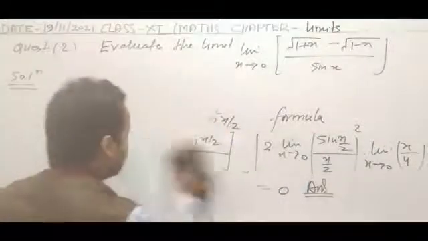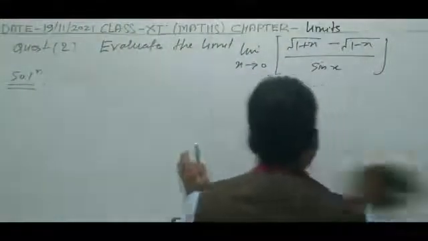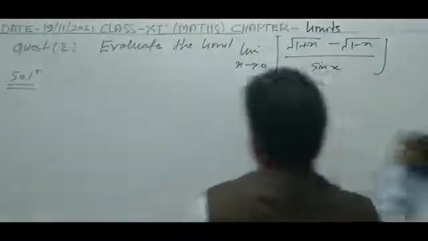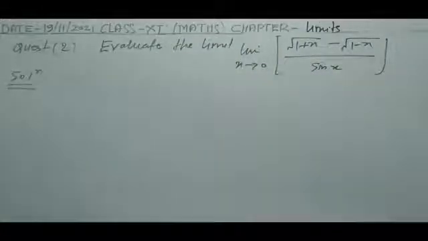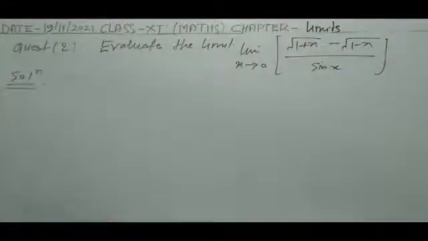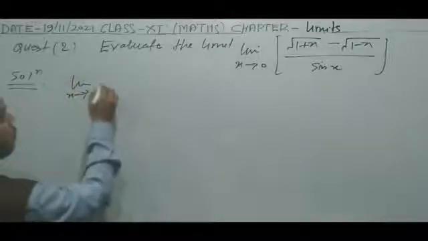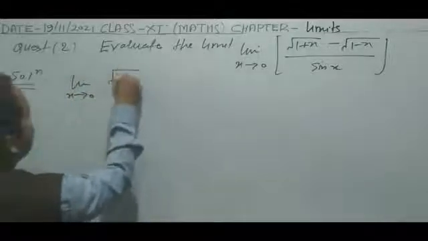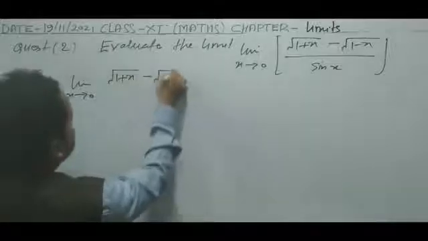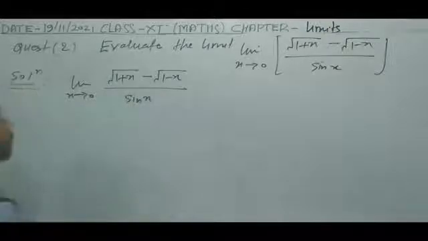Now see, in this question, first of all, we have to rationalize. If you will see any irrational part, then you will rationalize. So given limit x tends to 0, root over 1 plus x minus root over 1 minus x whole upon sin x.